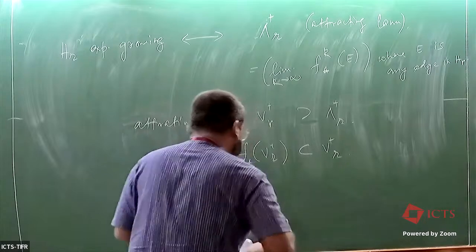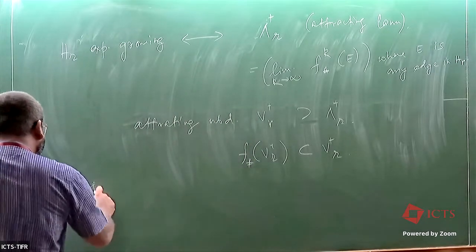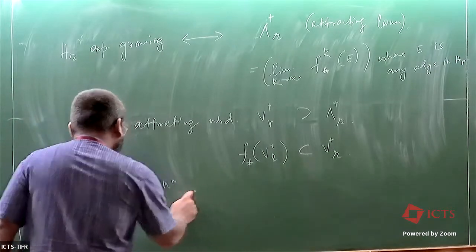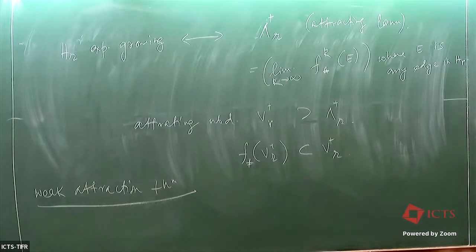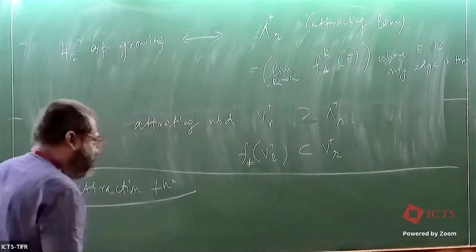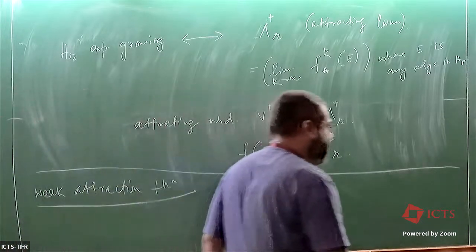So what is the weak attraction theorem? This theorem is kind of the key here to get the bound on the exponents. Okay, maybe I write it here.